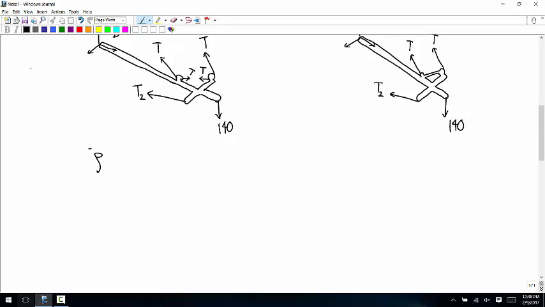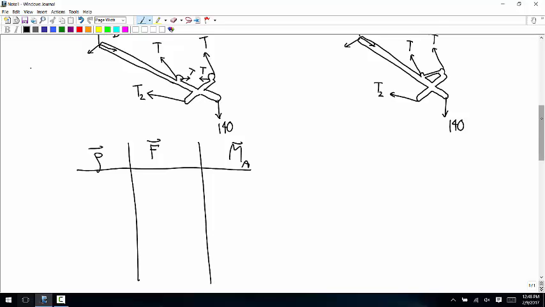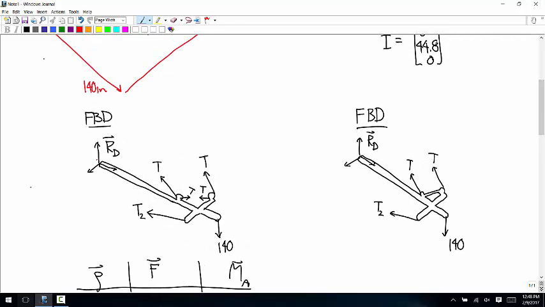Okay, so now rho, force, moment. And our about point is going to be the origin. That's where we have the most unknown forces.